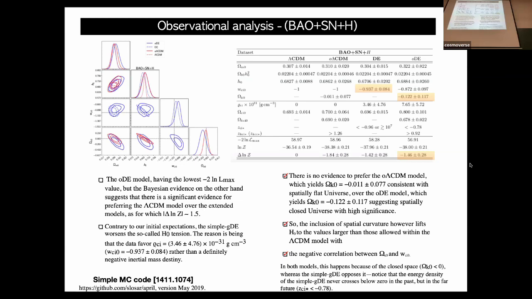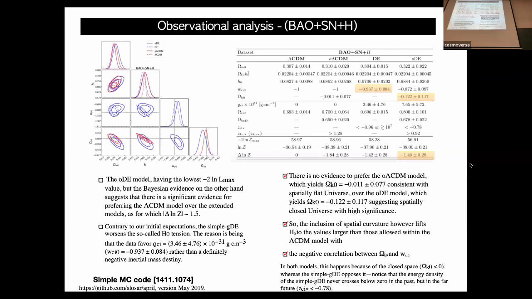It is not favored when we compare with lambda CDM. And when we consider simple graduated dark energy with curvature, this corresponds to 12% of the universe attributed to spatially closed, positive curvature, and this is also not favored according to the relative Bayesian evidence.